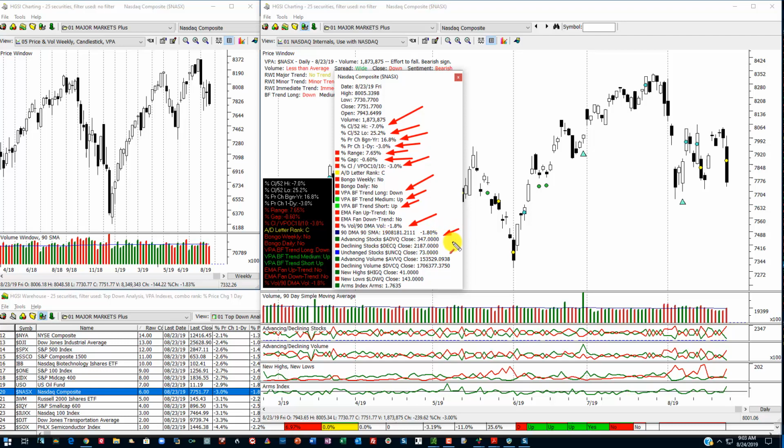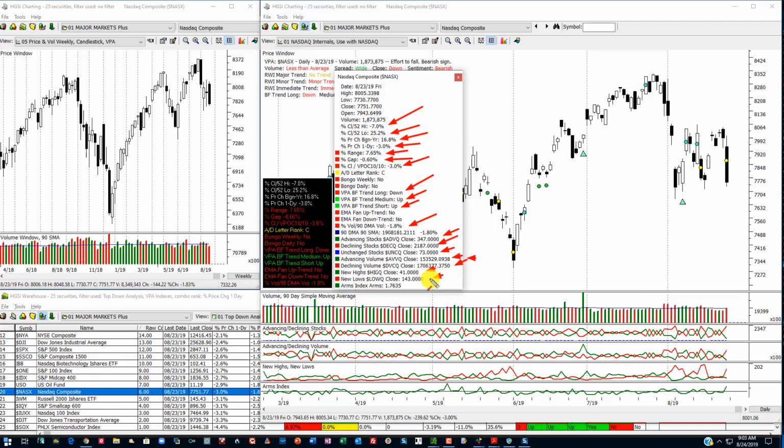Now, yesterday, advancing stocks were only 347 compared to minus 2187, and the unchanged 73. You can see that the volume was overwhelmingly negative. And it's actually easier to just look at it visually down here.